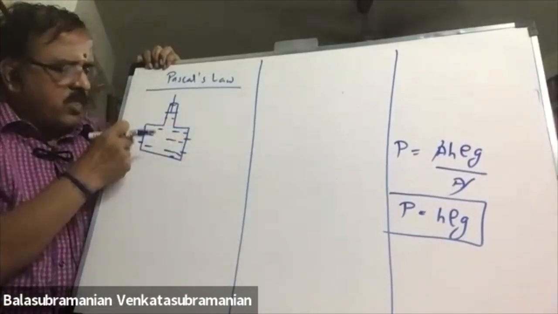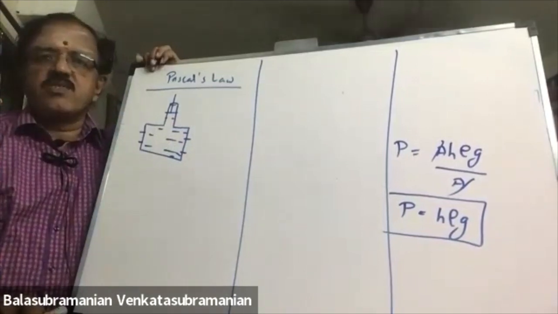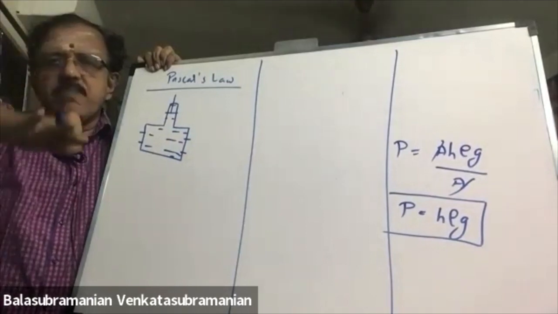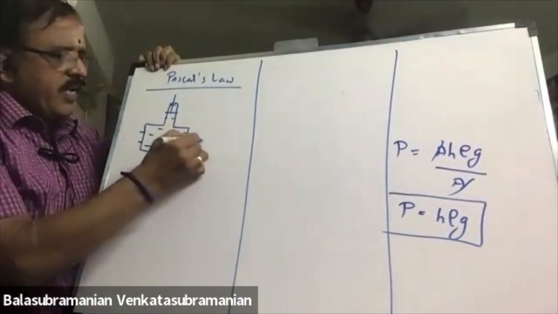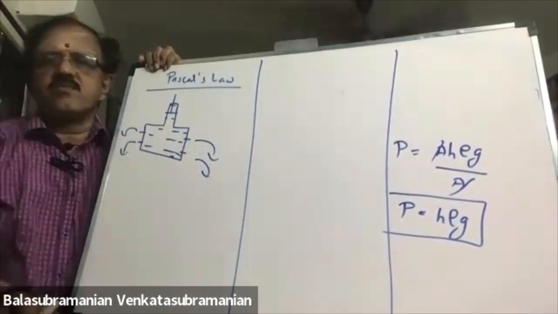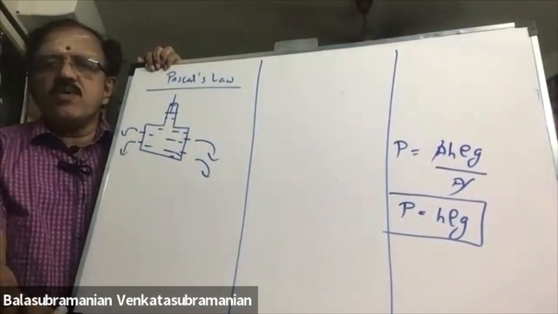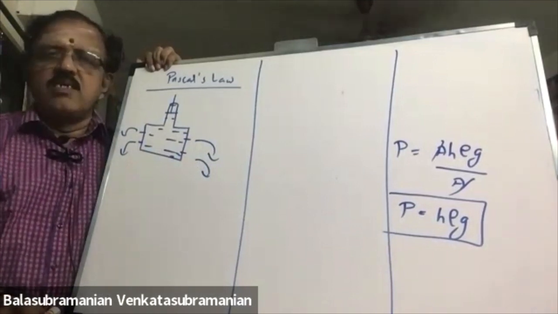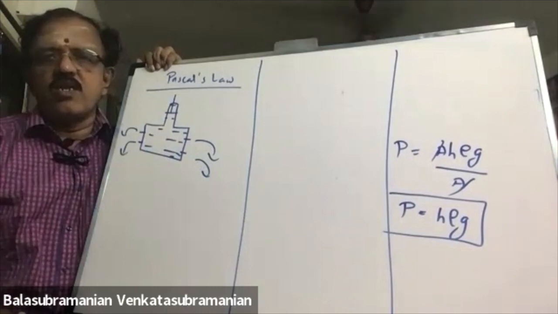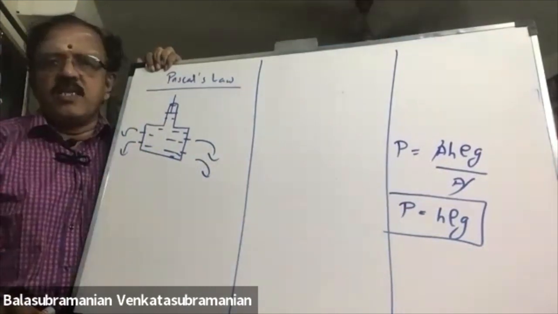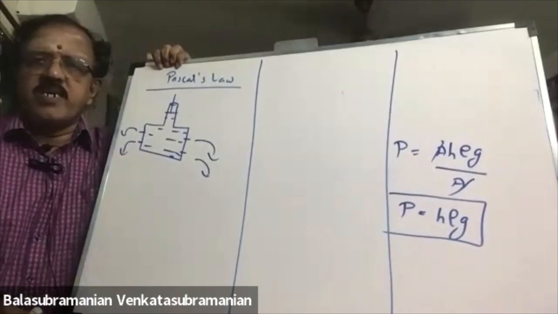You remove all the stoppers from all the four sides. When you push the piston downwards, the liquid comes out equally in all directions. The amount of liquid coming out through each end is the same at all four places. Any number of places you have, the pressure exerted by the liquid is the same.